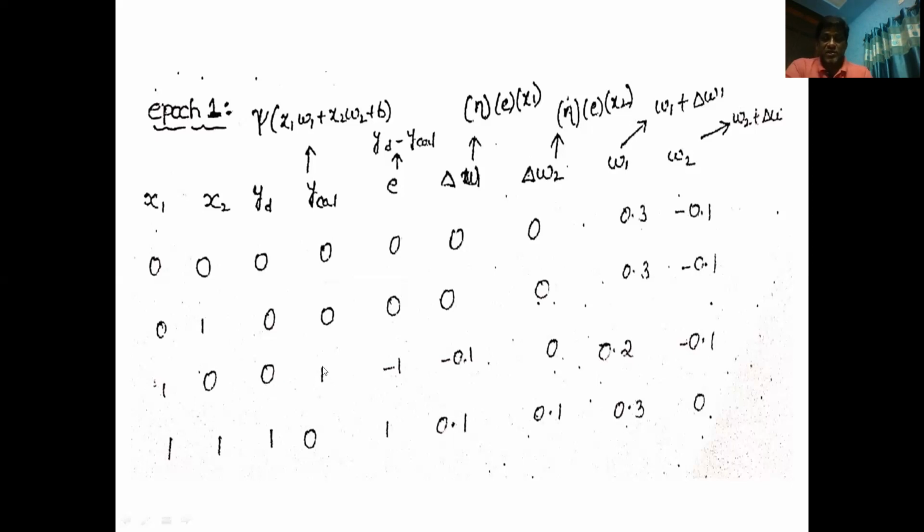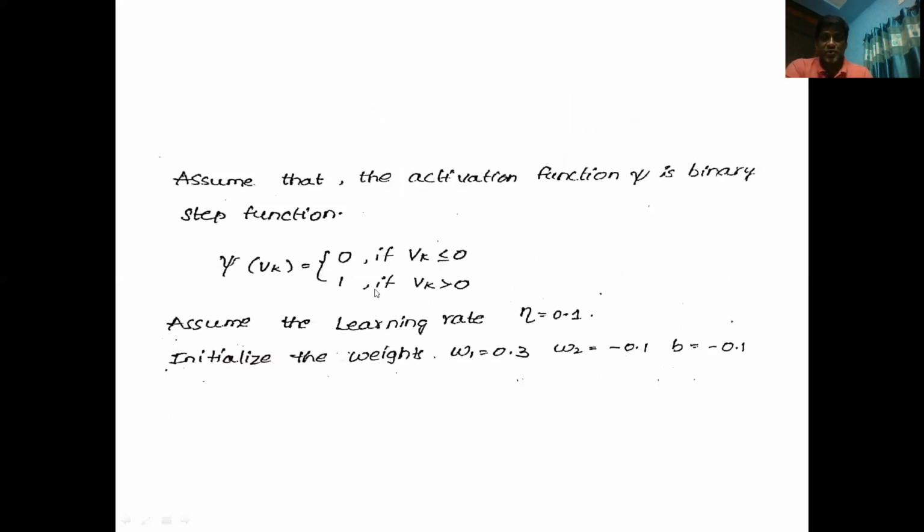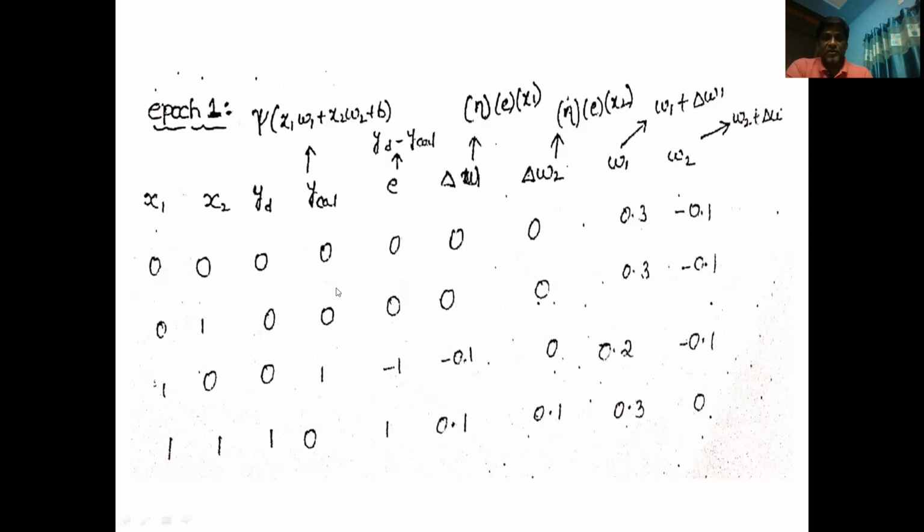Whenever the value is 0.2, if it is greater than 0, the output value is 1. Therefore, the calculated value is 1. The desired response is 0. The calculated value is 1. Therefore, the error term will be desired response minus calculated value, that is minus 1.